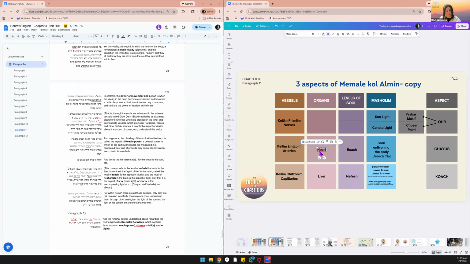So we're going to put here brain. Yeah, I'm going to put it on the lower end. There's a reason why I'm doing it. Brain. Okay. And to which level does it correspond of the soul? Neshama. Right, yes. Neshama. Anybody knows why I'm putting brain here and not all the way up?